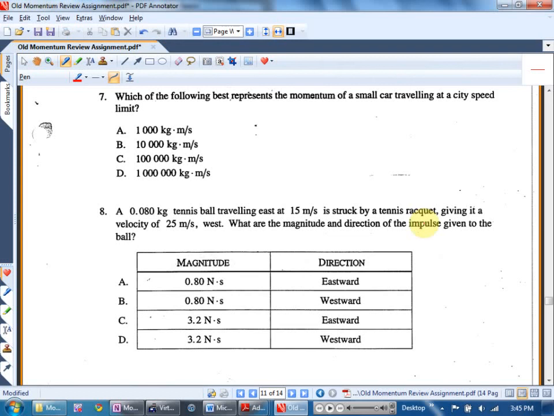Which of those answers looks more reasonable for the momentum of a car? A, B, C, or D? I think B, right? A, if I divide that by the velocity, 3.6, I get a car that weighs like 15 or 20 kilos? No. I think C, if you divide that by, what was the velocity? 13.6? What's 100,000 divided by 13?